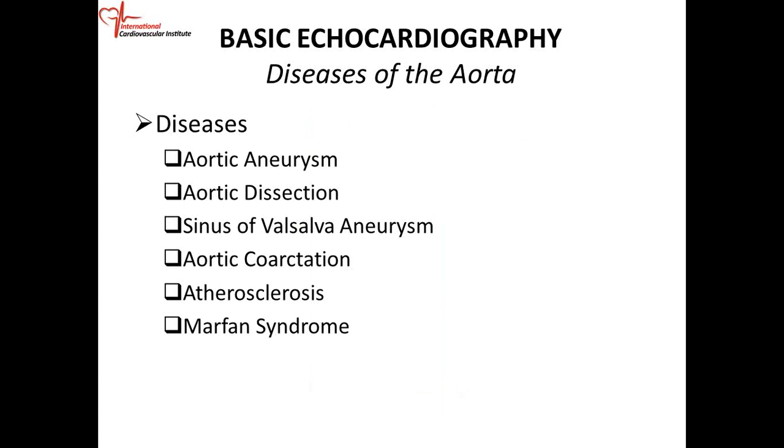What usually happens is once you have risk factors for coronary artery disease, high blood pressure, you're diabetic, you smoke, you have a family history of coronary artery disease, these things set up the right condition for the wall of the blood vessels to get impregnated with the bad cholesterol. So the bad cholesterol goes into the wall of the blood vessel, in this case, the aorta, and then you have plaque formation. Okay, that's what we call atherosclerosis.